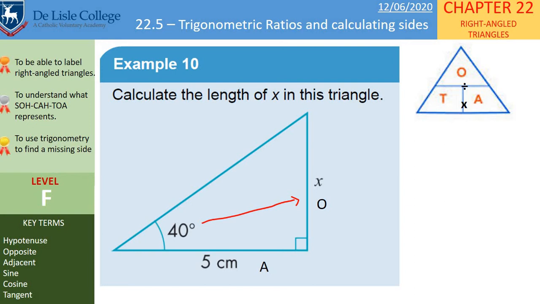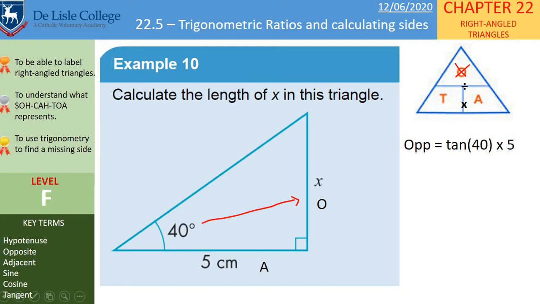Now what you have to do next is look here. So we have the opposite that we're looking for, so we can ignore that, and then we're using this. We're using tan times the adjacent. So in your calculator, write tan, then the bracket will appear, put 40 close bracket, that's your angle, times by 5.